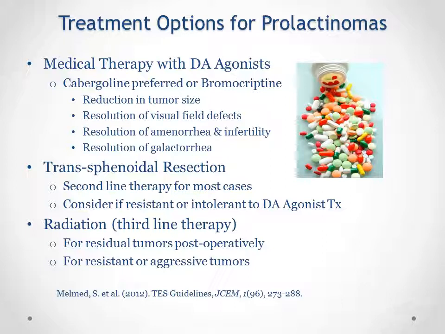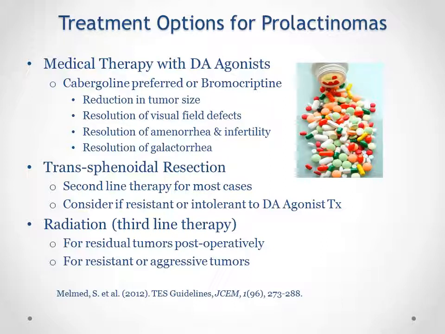Cabergoline has a very long biological half-life and fortunately only needs to be administered either once or twice per week at a dose of 0.5 milligrams per dose. It can be gradually increased up to 1 milligram to a daily dose if needed. It is usually better tolerated than the bromocriptine, so patients are usually more compliant.